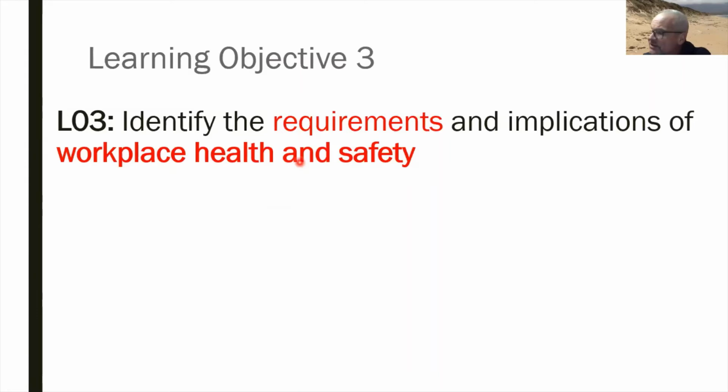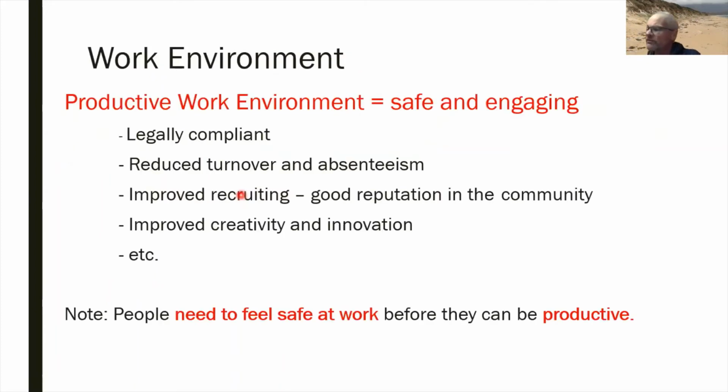And what else? You should know the employees' rights and responsibilities, for example the right to be informed. And what were the other ones? Sorry. The right to be informed, the right to participate, and the right to refuse.